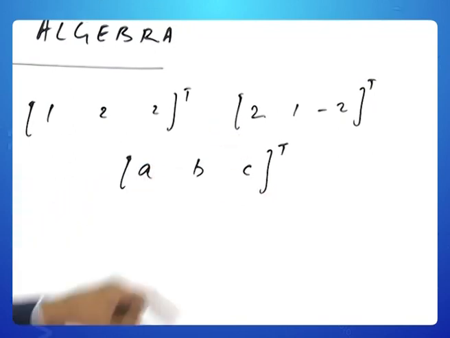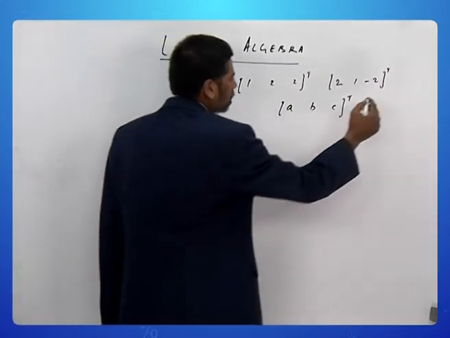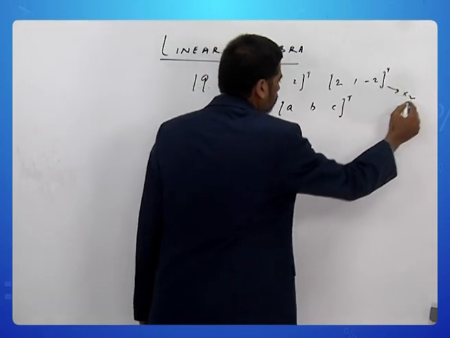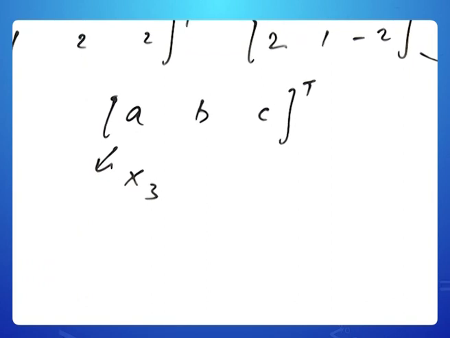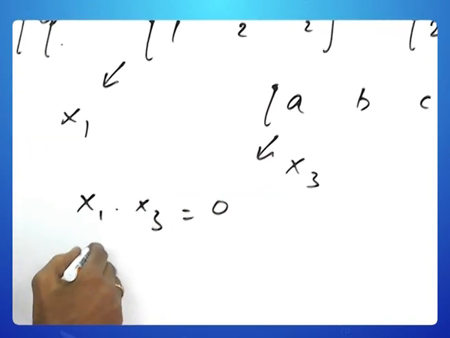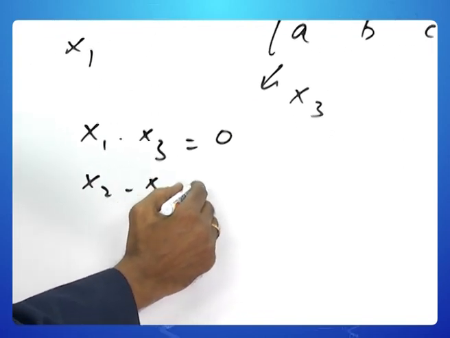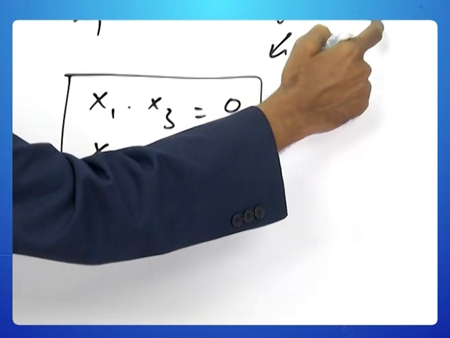Suppose you call this vector x1, that vector x2 and this required vector x3. The condition is x1 dot x3 should be 0 and x2 dot x3 is equal to 0. So under these two conditions, this vector must be designed.